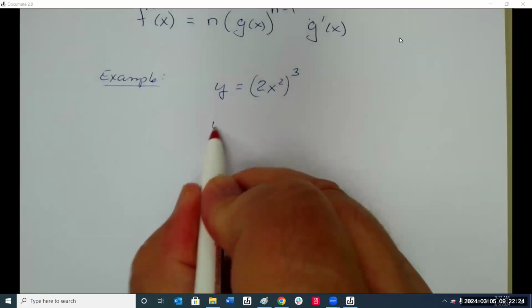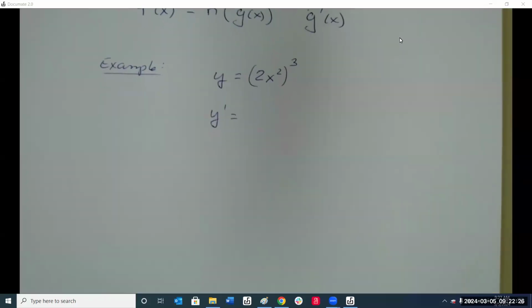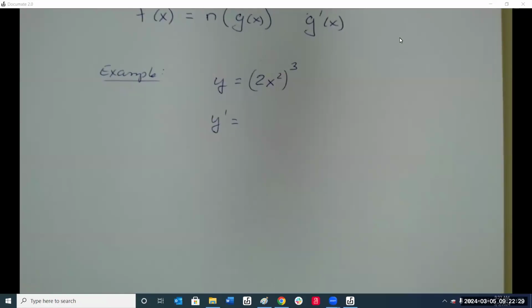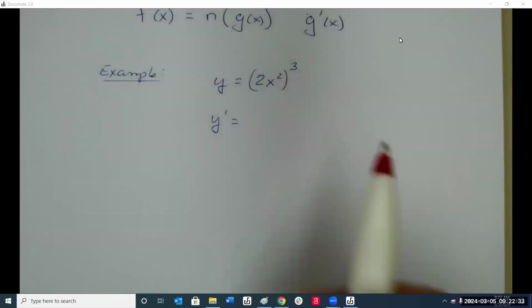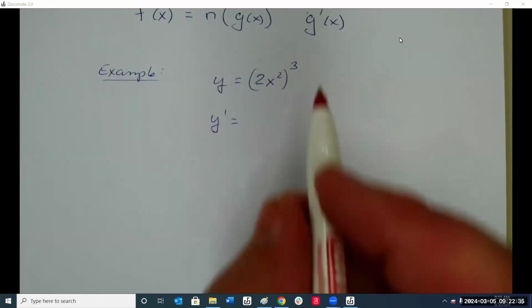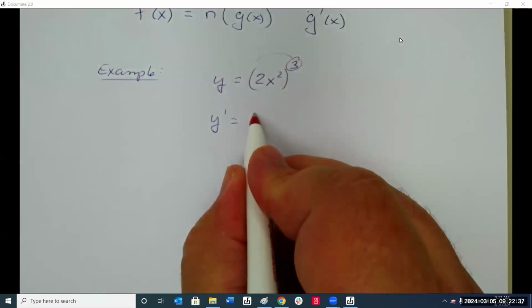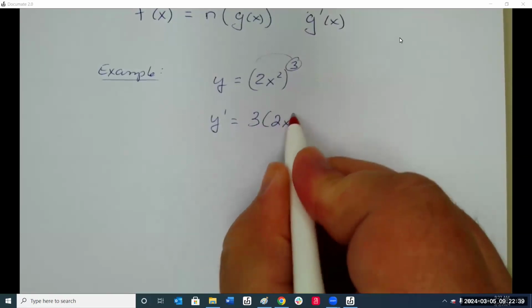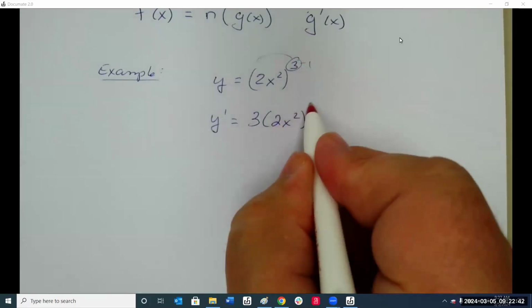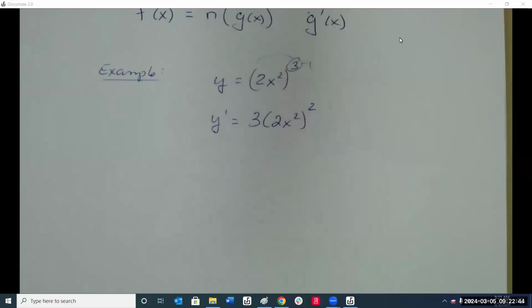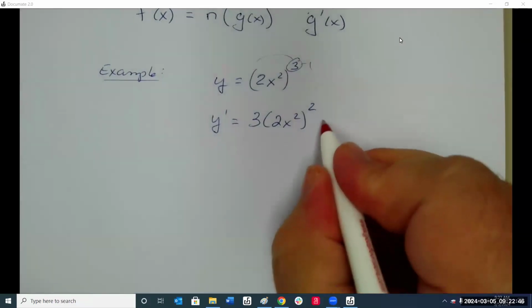So what's the derivative going to be? First step is what? 3. 3 minus 1 is 2. That takes care of the outer function. Now the derivative of the inner function.